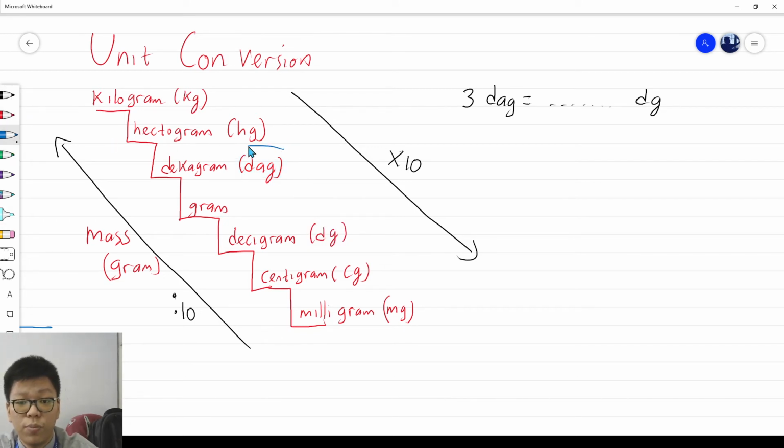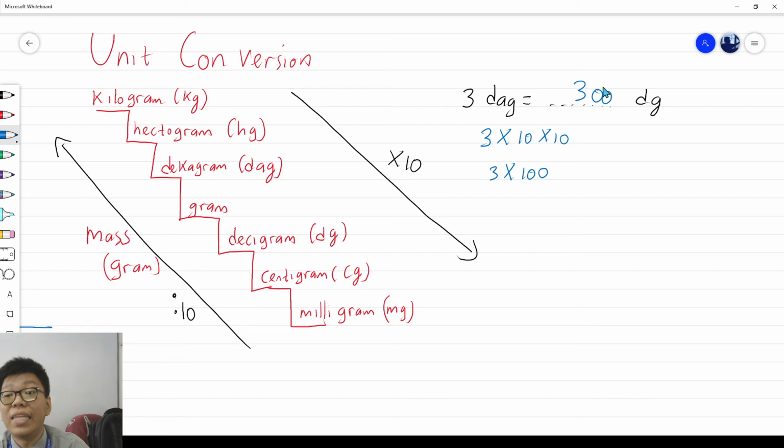You need to count how many steps it is going down. 2 steps. It means you need to times it by 10 twice. You can write it 3 times 10 times 10, it is okay, or you can write it 3 times 100. So the result is 300 decigrams. Okay.